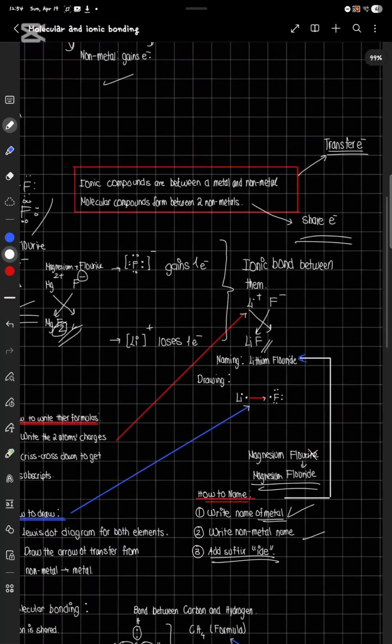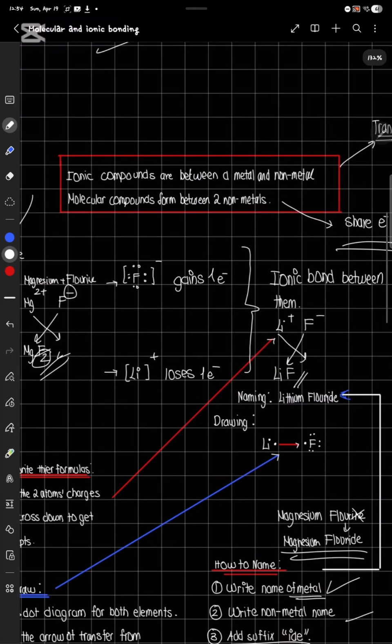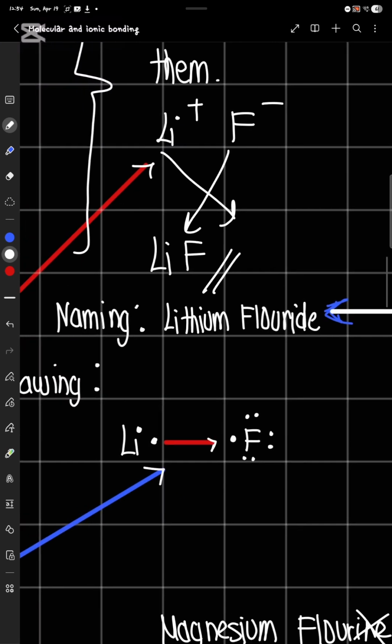How to draw? Okay, drawing. I sort of did it here. For example, you have the compound lithium fluoride. You should basically just draw the Lewis dot diagrams and draw the electron transfer.